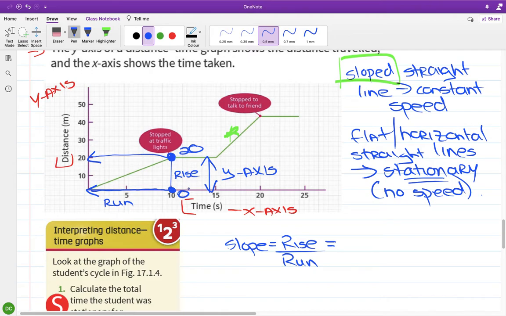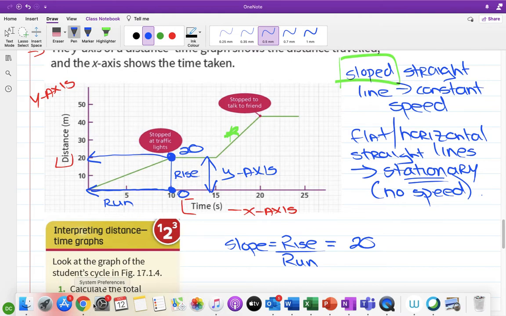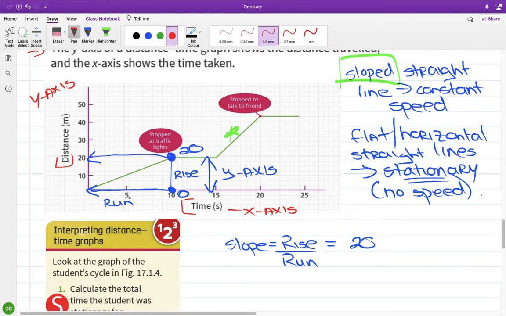The difference between 0 and 20 is 20, so the rise is 20. Now, this run is actually bang on the line, so it's handy. For the run, you're looking at the x-axis because the run is horizontal. It starts here at 0 and ends here at 10. 0 to 10, that's a run of 10. So 20 divided by 10 is a slope of 2.